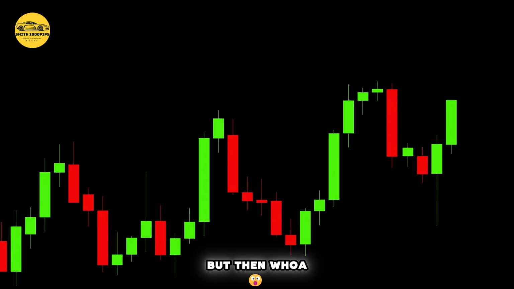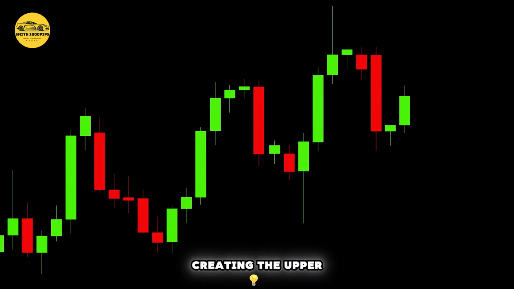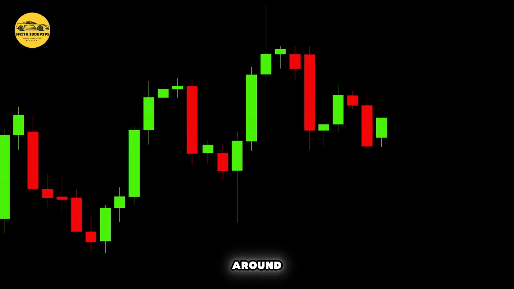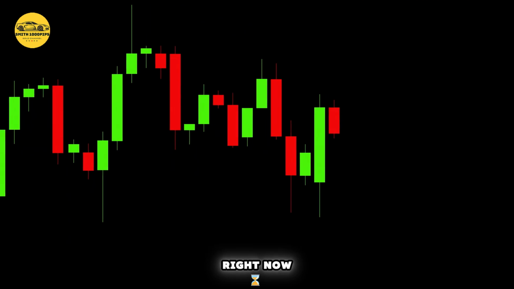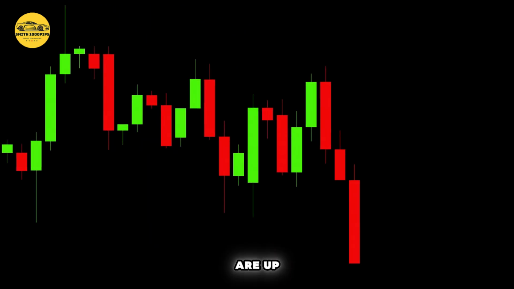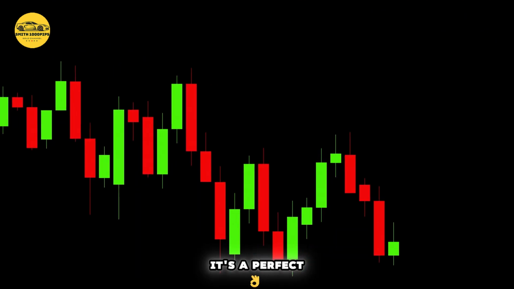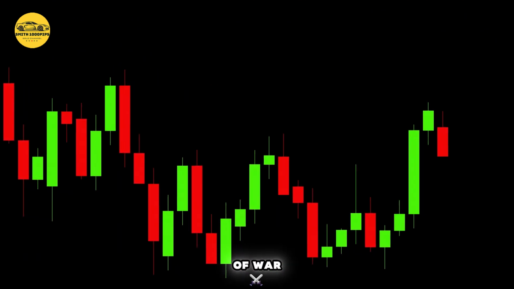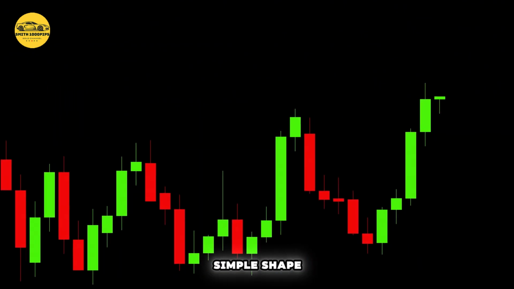But then, whoa, buyers storm in and rocket the price upwards, creating the upper wick. As the price bounces around, the body gets formed between where it opened and where it is right now. Then, the 5 minutes are up, the candle closes, and that's the final shape you're left with. It's a perfect little snapshot of the entire tug of war between buyers and sellers. It's a whole journey, in one simple shape.